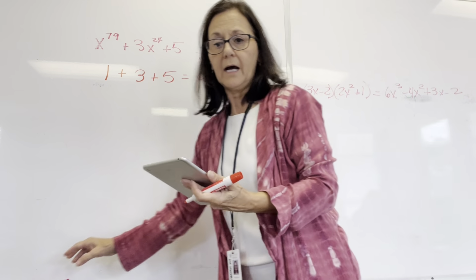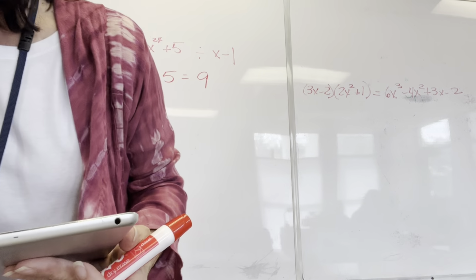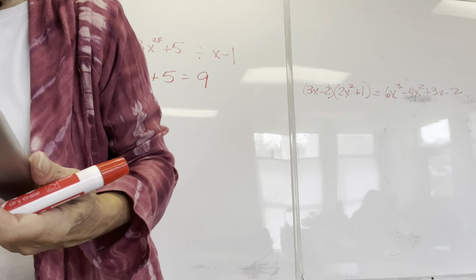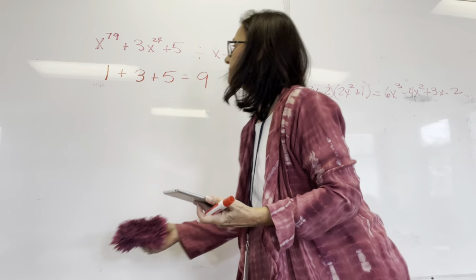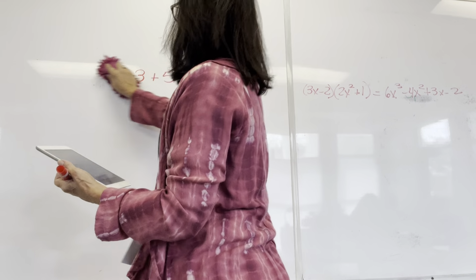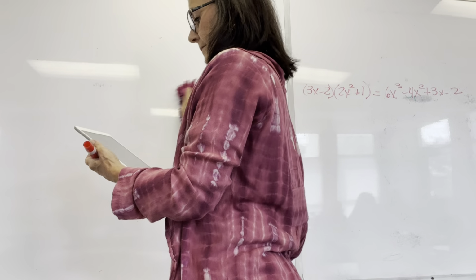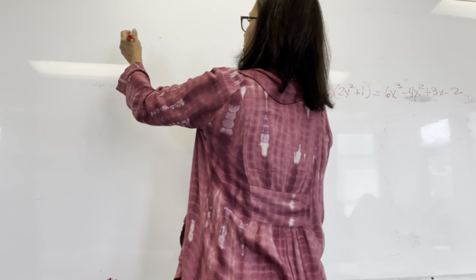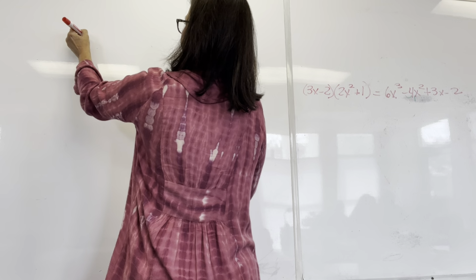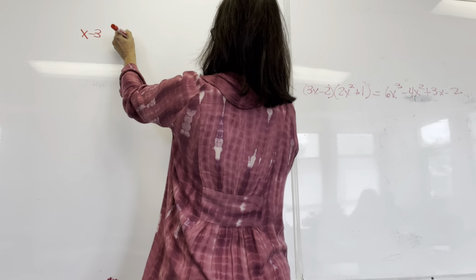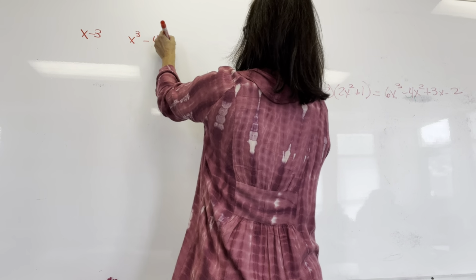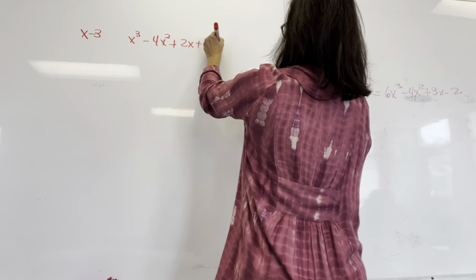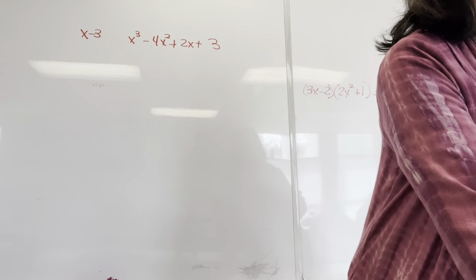All right, let's jump to example 6 on the bottom of page 245. Now it says show that x minus 3 is a factor of x cubed minus 4x squared plus 2x plus 3. Can I do that?